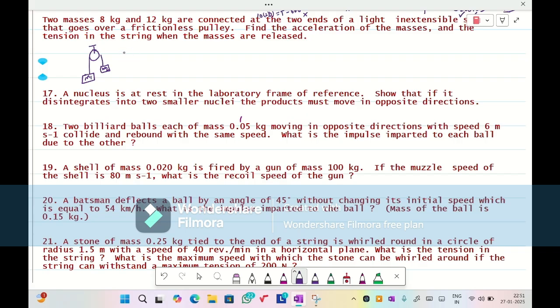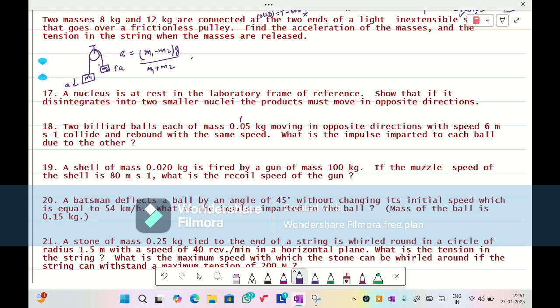According to the definition, acceleration is equal to the net force by total mass. Whichever is going downwards, the other will automatically go upwards. Then M1 minus M2 into g is the net force, by total mass M1 plus M2. Frictionless pulley and massless string is the condition in proving the Atwood machine.